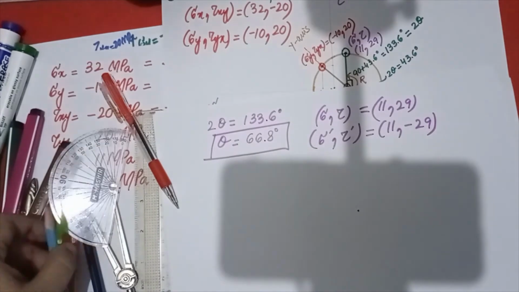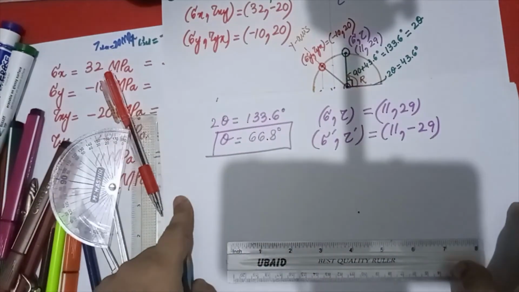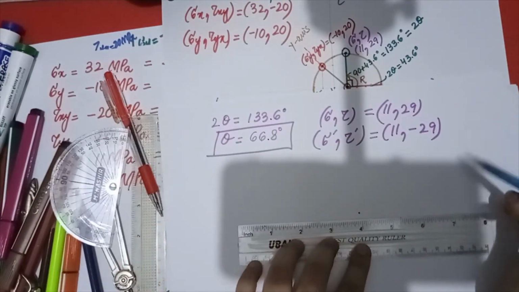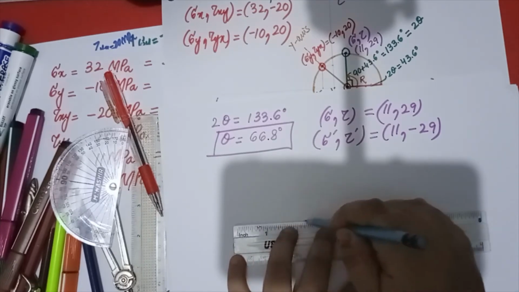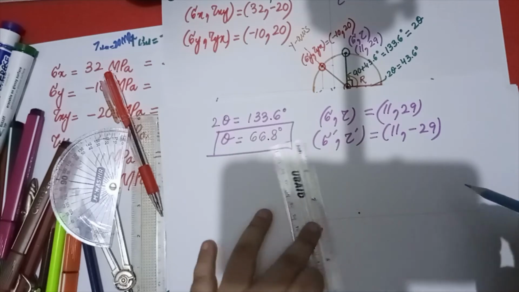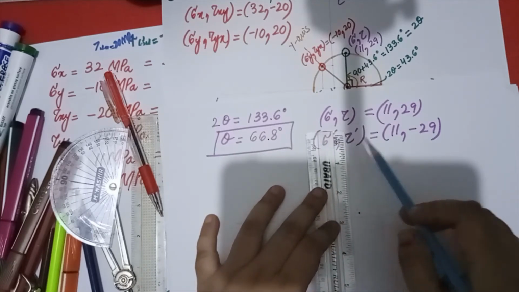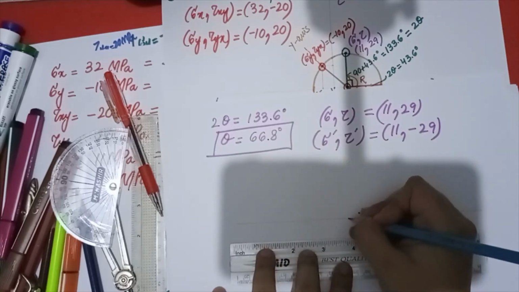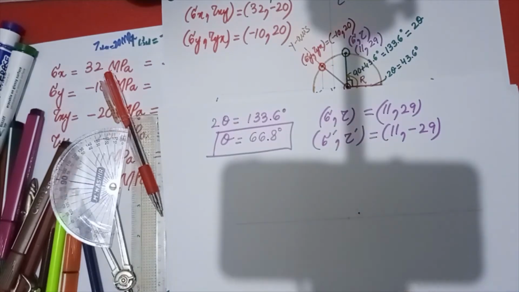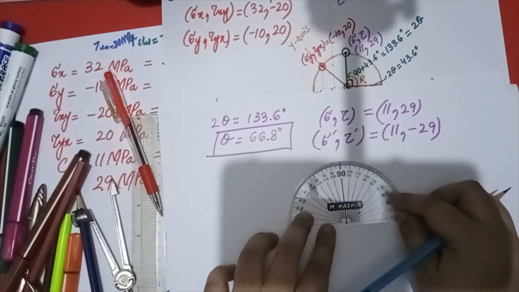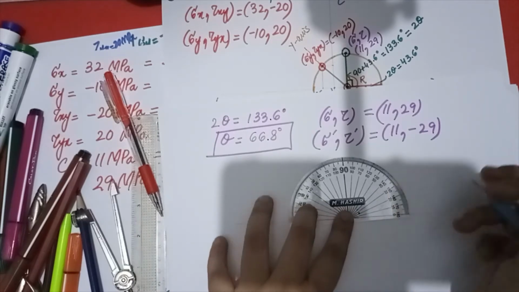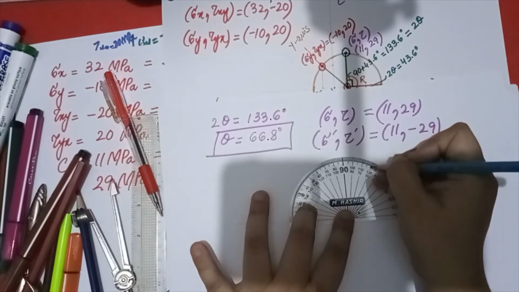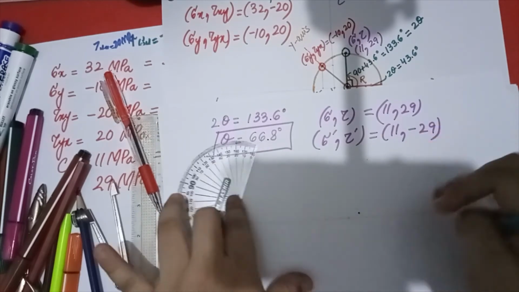Now what am I going to do? You have to draw the line and mark a point anywhere. There is no need to measure it. And your angle is 66.8. You will put your D here and take 66.8 somewhere here.